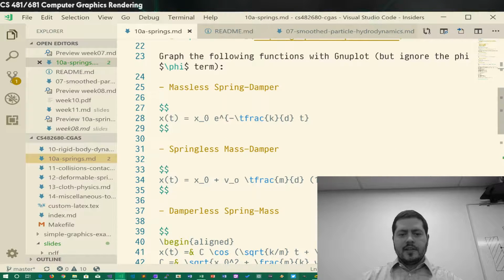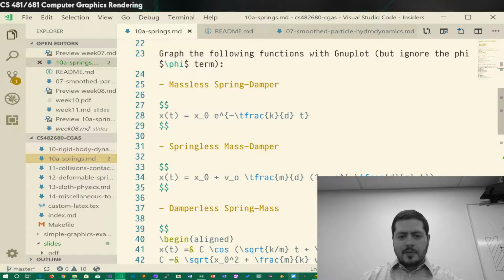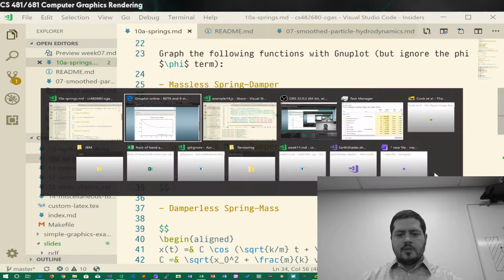I feel if I get a little bit lucky, it'd be easier just to copy this. So a springless mass damper.